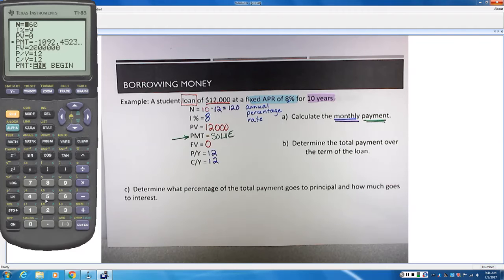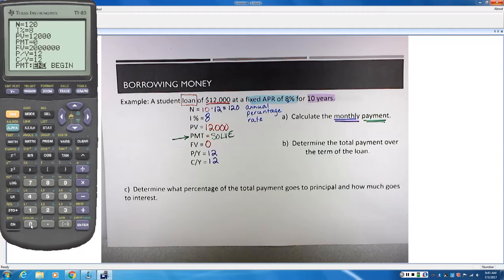We're going to go 10 years at 12 payments a year at an interest rate of 8%. The amount we're borrowing is our present value, so it's positive because we're briefly holding that money in our hand. We don't know what the payment amount is. That's what we're going to solve for.